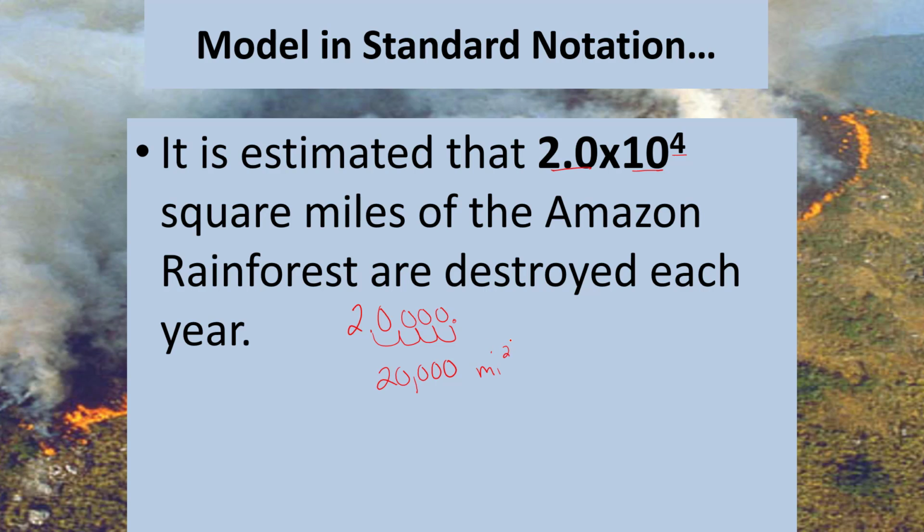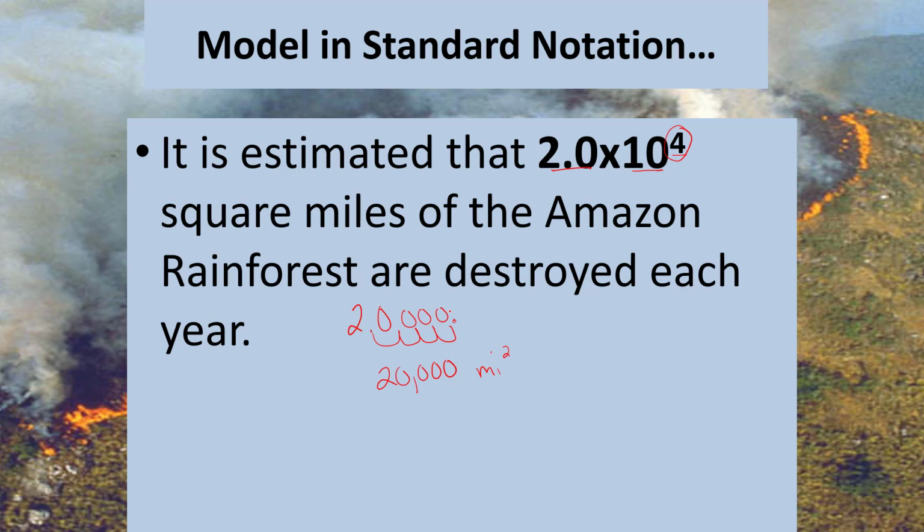miles squared. Now, at this point in time, I want you to start picking up on the fact that when our scientific notation gives us a positive power, in order to create a standard notation, we are going to move the decimal to the right 4 units.